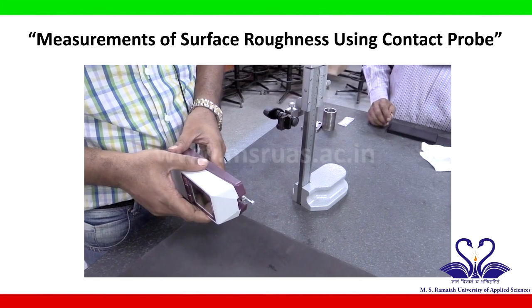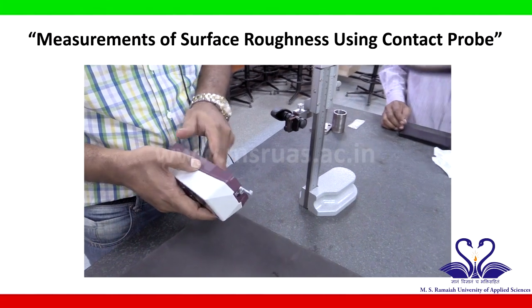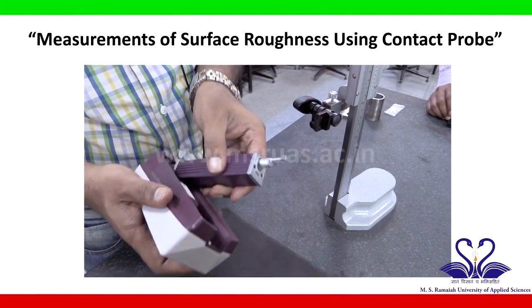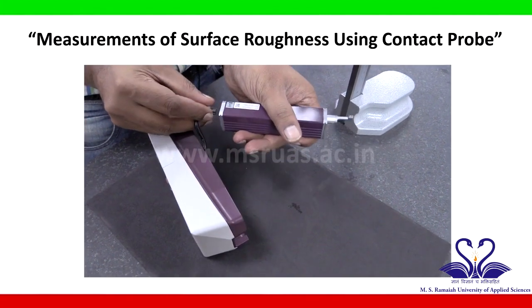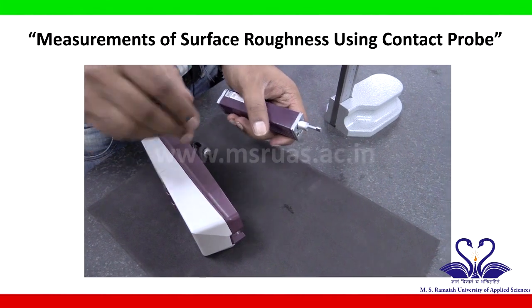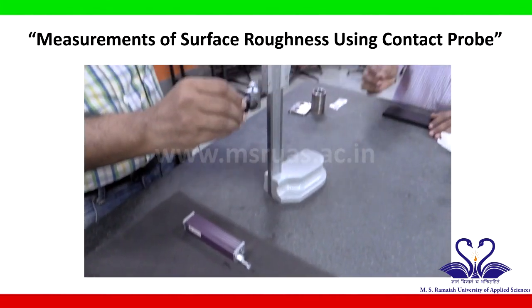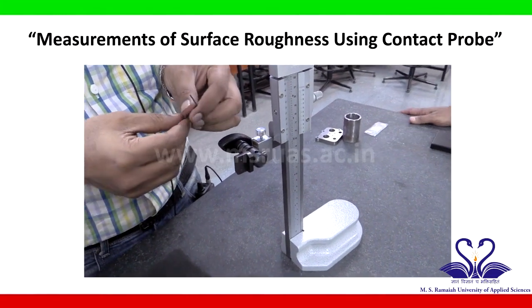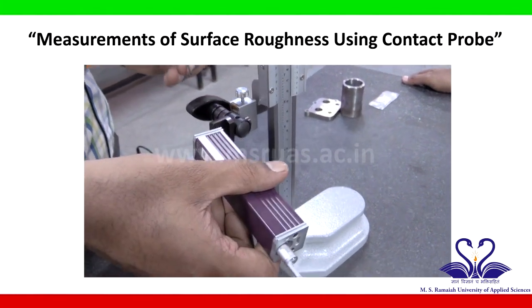Now let us remove the drive unit from the instrument and mount it to the height gauge. So I am removing the drive unit connector plug. I am using the align screw to mount the drive unit.